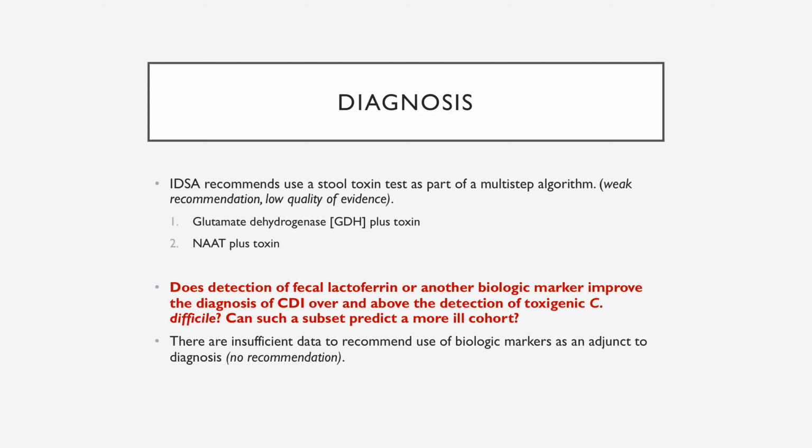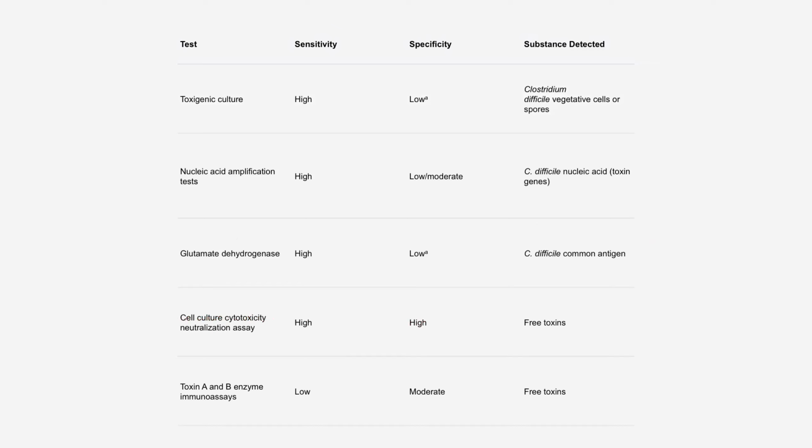IDSA actually makes a recommendation for a multi-step testing algorithm. So this is kind of getting in the weeds, but just so everyone's kind of aware that when you're testing for C. diff, it actually should be a two-part test. And the reason they want to do this is kind of highlighting this chart here.